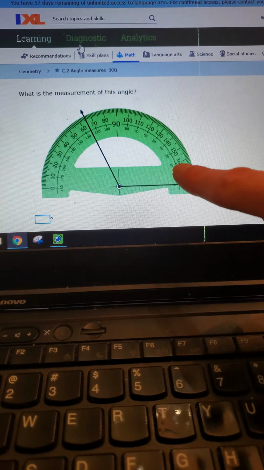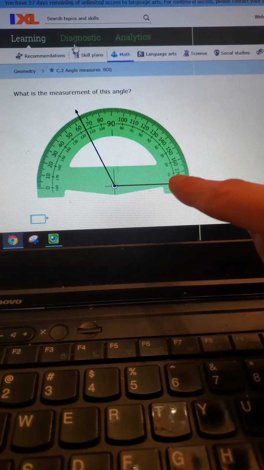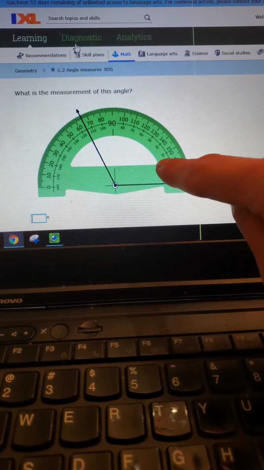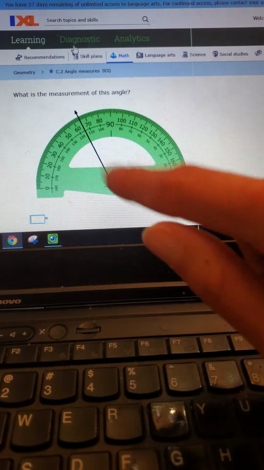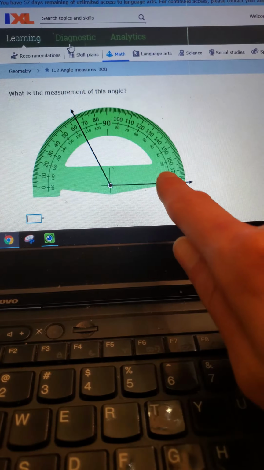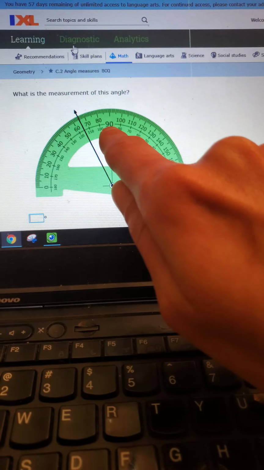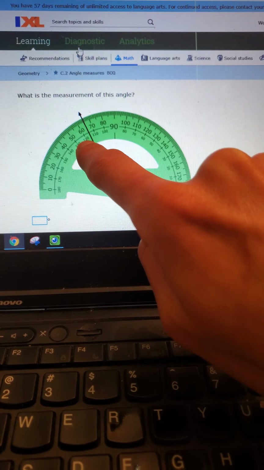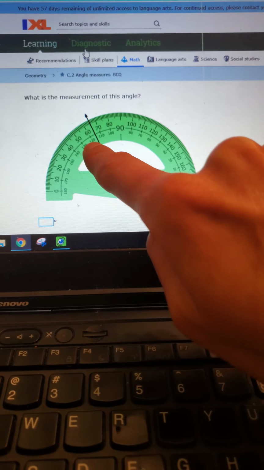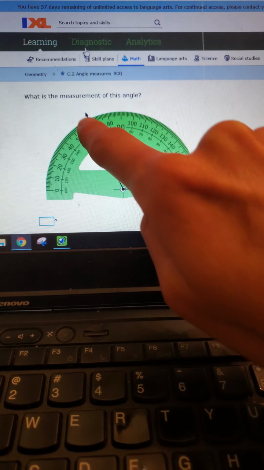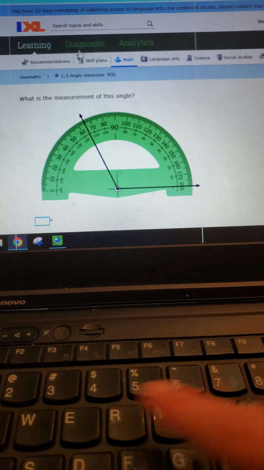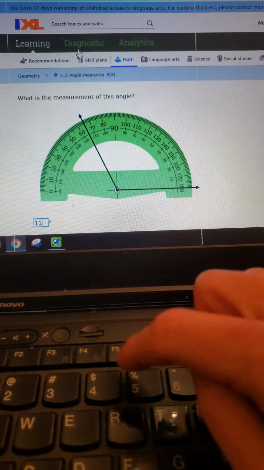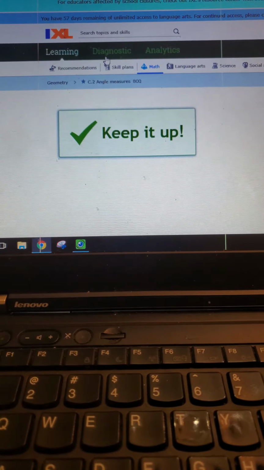They go by 10s also, and then we would just use the 5s in between. As I follow these, 10, 20, 30, so on, there's 90, 100, 110. It's between 110 and 120, so it's 115. It's on that 5 spot. 115 there.